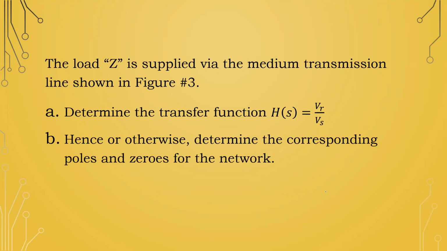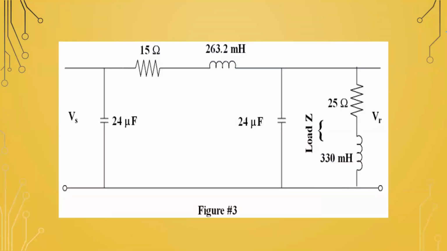All right, here's the circuit. Note we have defined the transfer function as VR over Vs, which means that this circuit, although it has several more elements than the one before, Vs would still be the voltage across here.